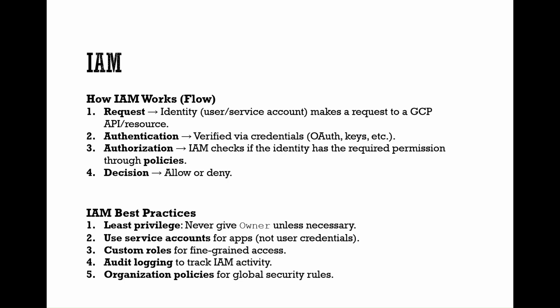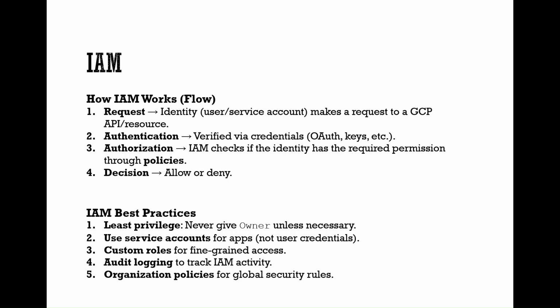Now, while we have understood much of the IAM things, it's important to understand the best practices. The first best practice is recommended, and this is often asked in interview questions: least privilege. So what does least privilege mean? Whenever you are giving any permission to any identity, it's important to give the least one.